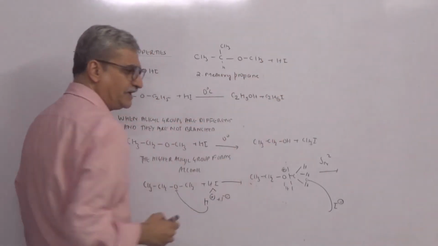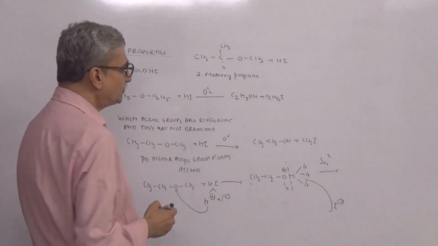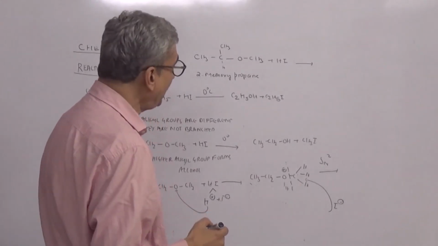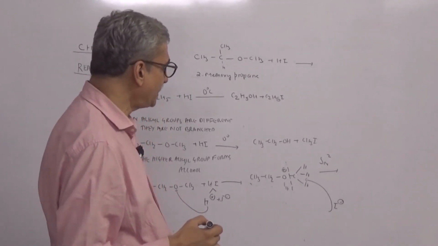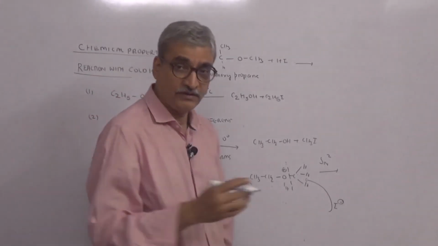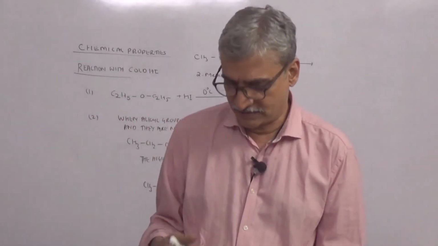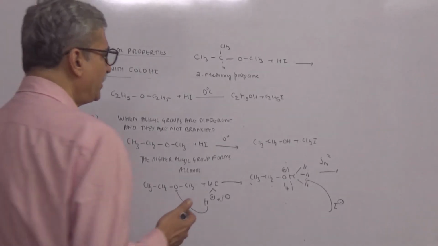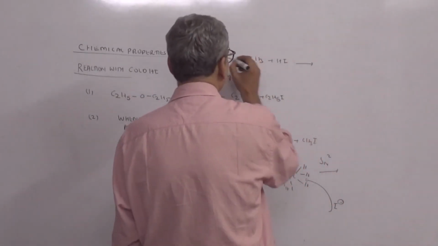Now when you react with HI, okay, what happens? First, the story is that alkyl iodide of the branched chain is formed. Even though it is higher, the rule changes. Even though it's a higher alkyl group, alkyl iodide of the branched chain is formed.